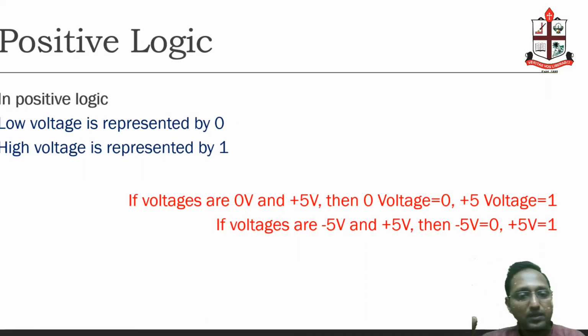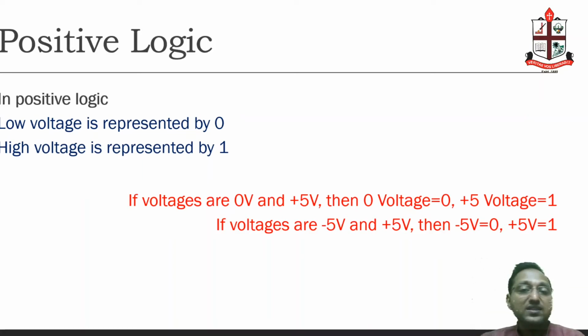Say for example, we have two voltages, 0 voltage and plus 5 voltage. Definitely one is low, the other one is high. So 0 voltage will be represented by logic bit 0, and plus 5 voltage will be represented by logic bit 1 in the case of positive logic.